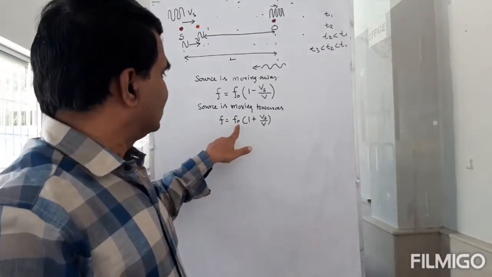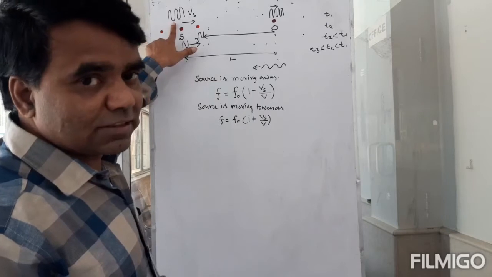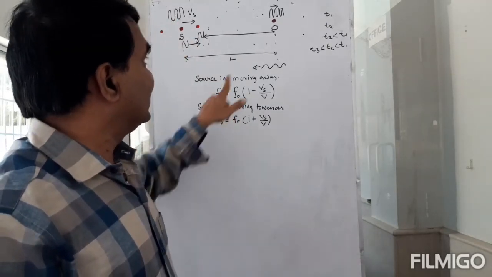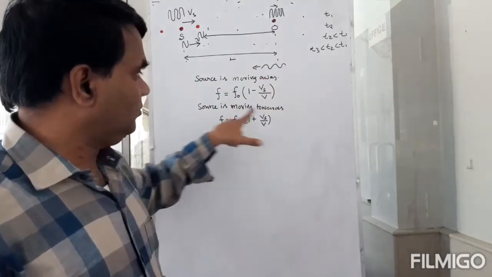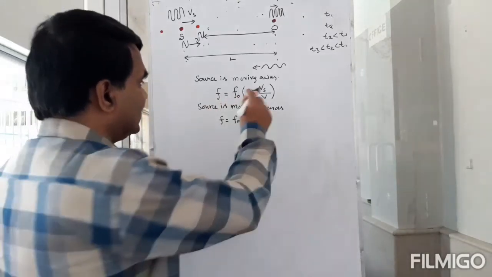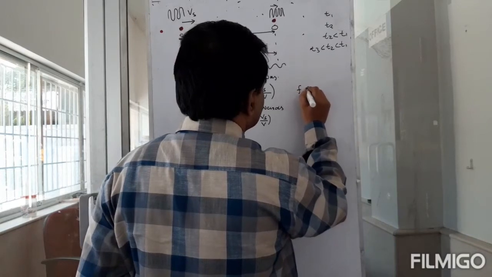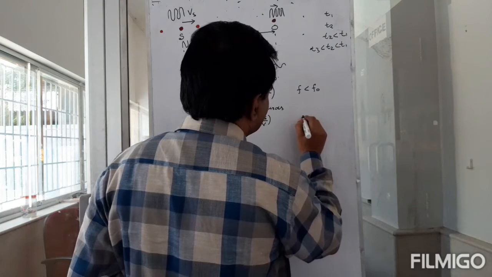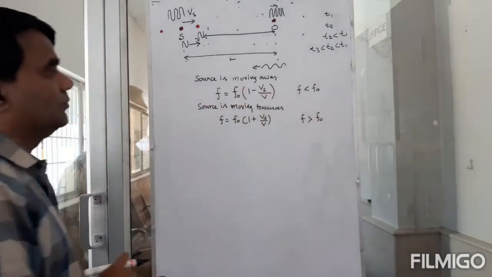Okay, this f0 is the frequency of the sound that the source produces, and f is the frequency you hear. So this is how it's given. In this case, you can see that f is smaller than f0. In this case, you can see that f is greater than f0.